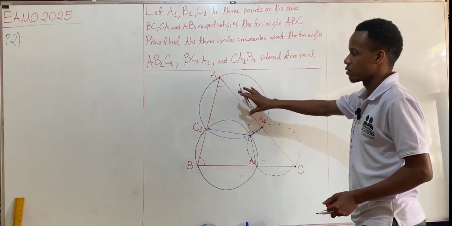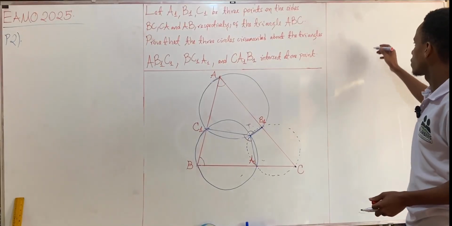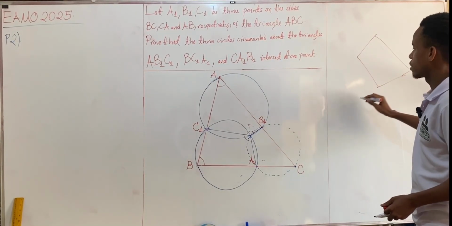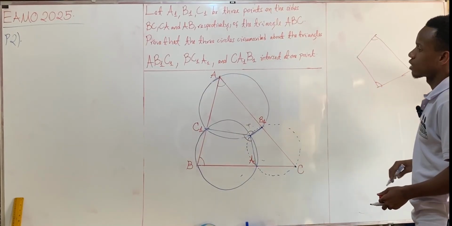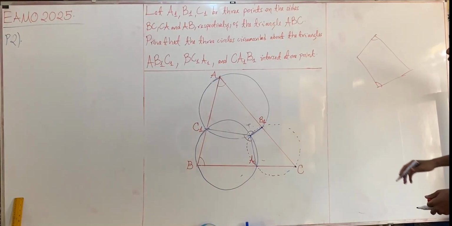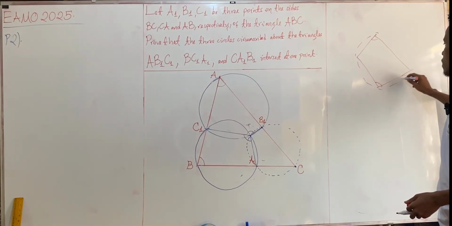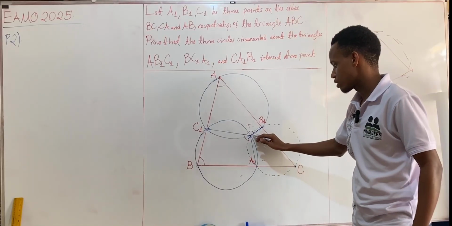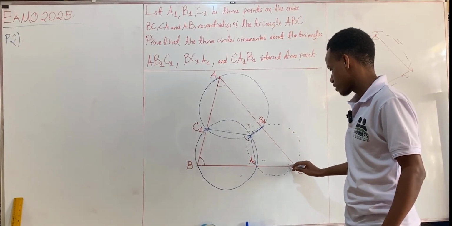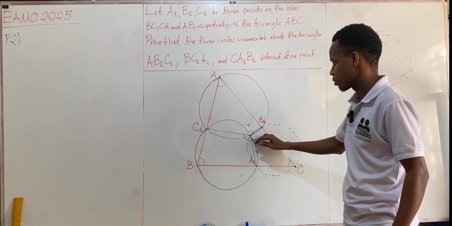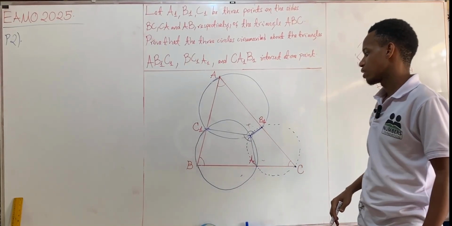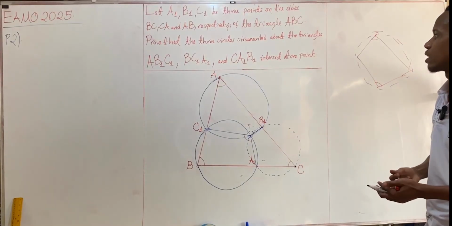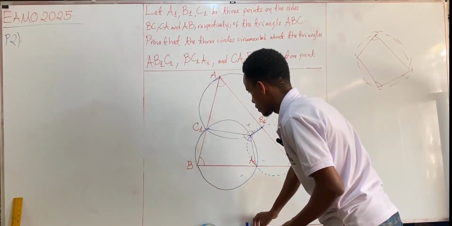Because we know that the converse of this theorem is also true, whenever you have a quadrilateral in which the sum of opposite angles adds up to 180 degrees, then it has to be a cyclic quadrilateral. So what we have to do is to show that the sum of this angle plus this angle is also equal to 180 degrees, implying that this quadrilateral is cyclic as the problem describes it.